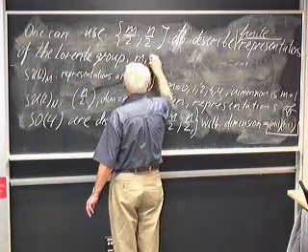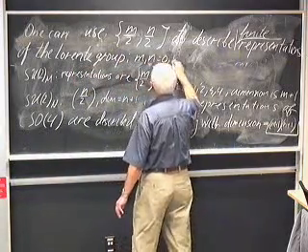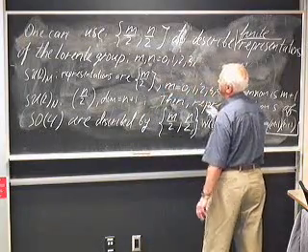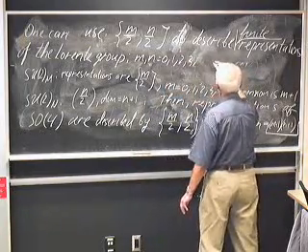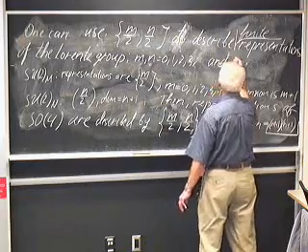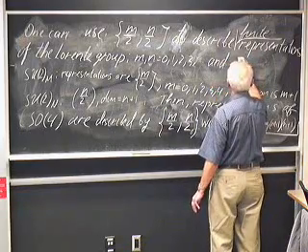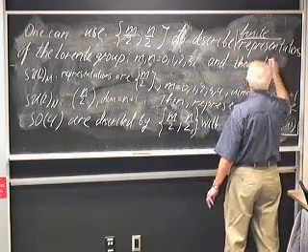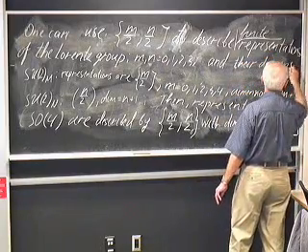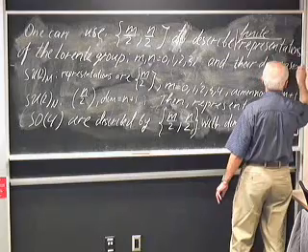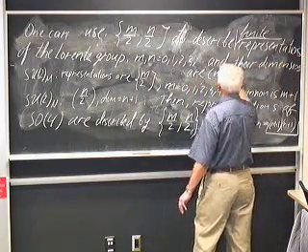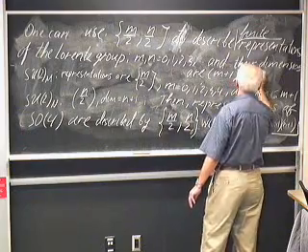So this object takes values as before in SO(4), 0, 1, 2, 3, and their dimension is m plus 1 times n plus 1.